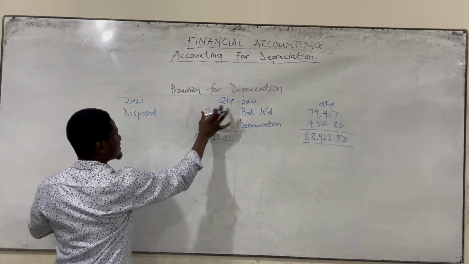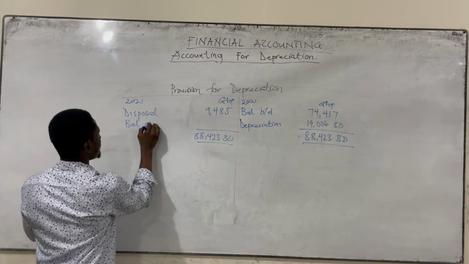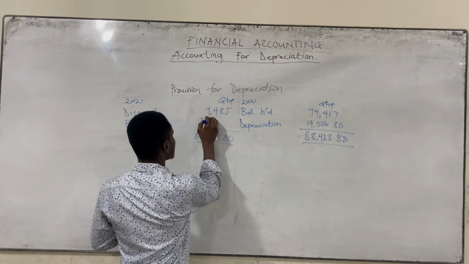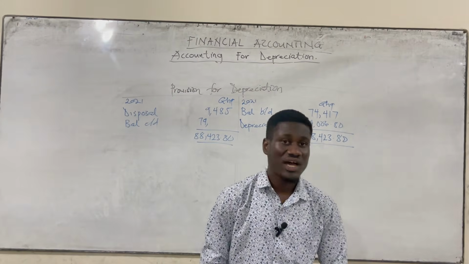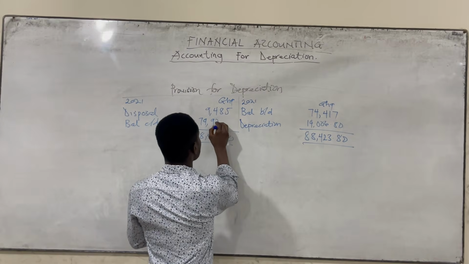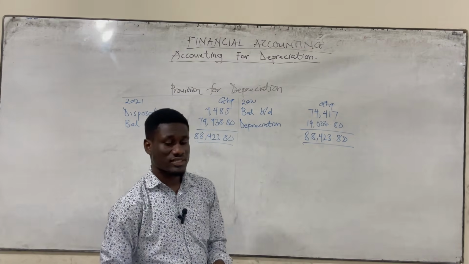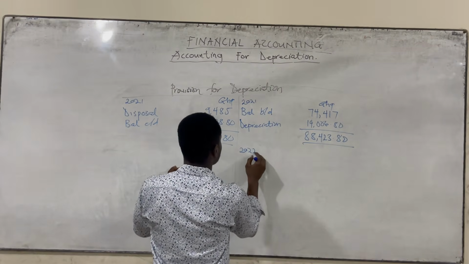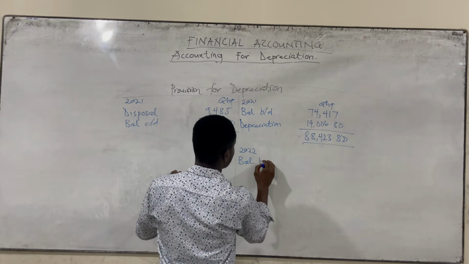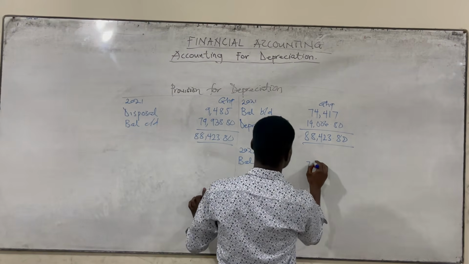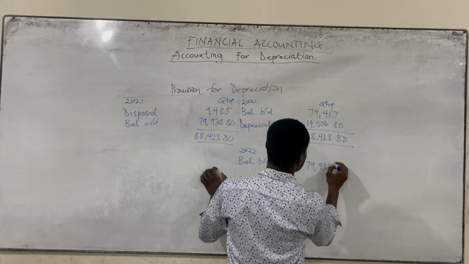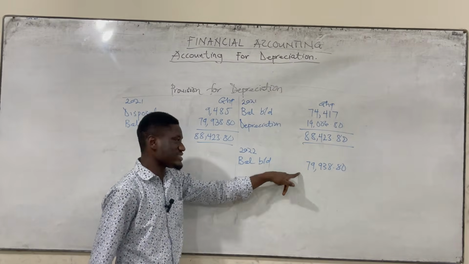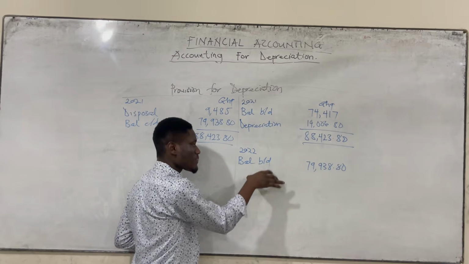Then when we find our difference, our difference is going to be 79,938.80. Do you get it? Good. So we just have to bring the balance here. Balance BD is what? 79,938.80.